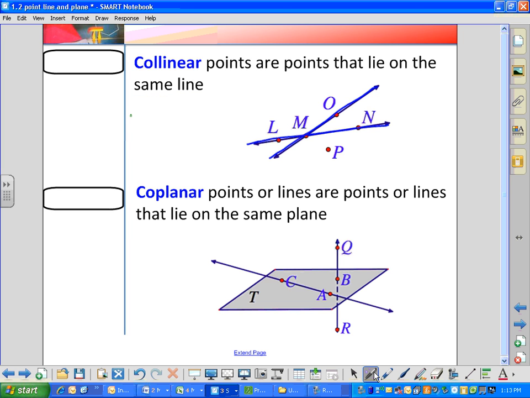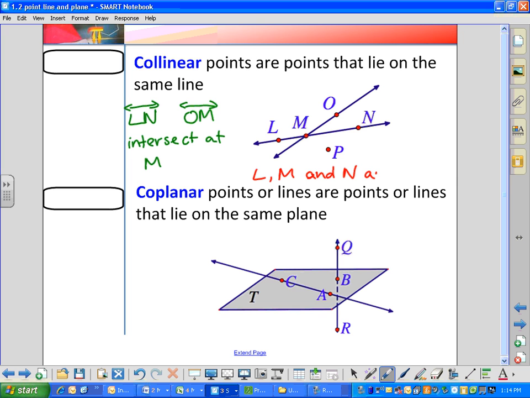In fact, you might say line LN and line OM, and they intersect at M. That would be one way you could say that. Now, if I'm looking at line LN, there's lots of different ways I could name that line. That's just how I chose to name it. But if I want to find some collinear points, there's only 3 points that I see that are all lying on the same line. So in this example, I would say L, M, and N are collinear.